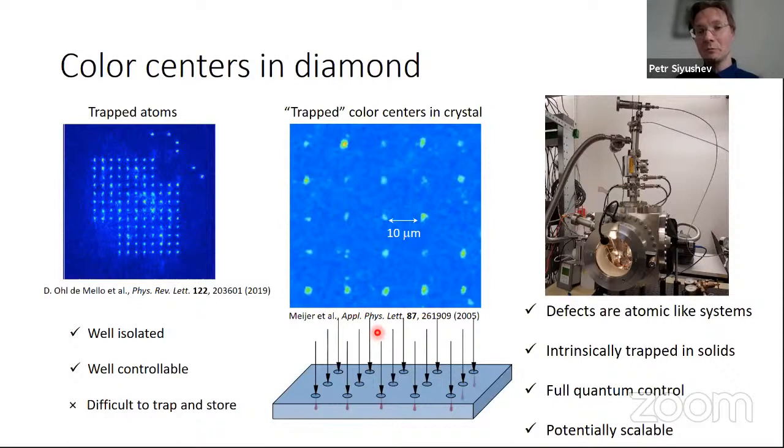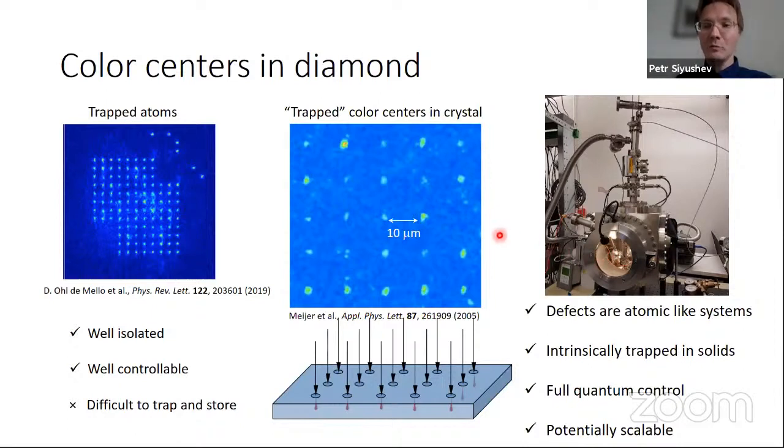You can store them without any specific apparatus because they are just intrinsically trapped in the crystal lattice. And those defects, as I said, can be created by implantation. You just shoot ions with an ion gun at the diamond placed in a vacuum chamber, and then do some specific post-implantation treatment, and you would have these defects.